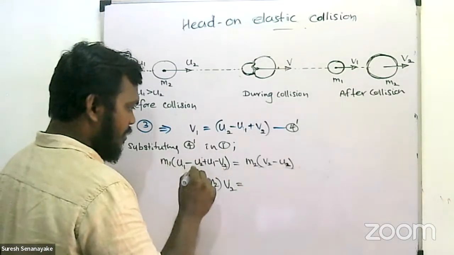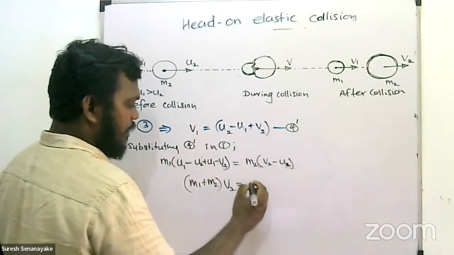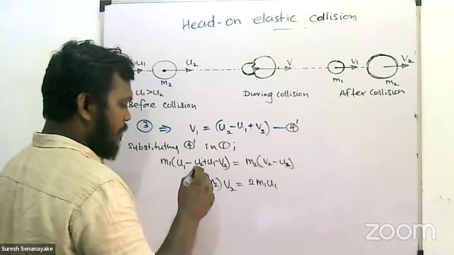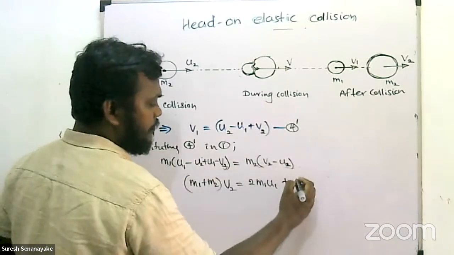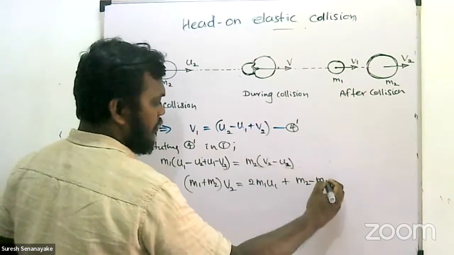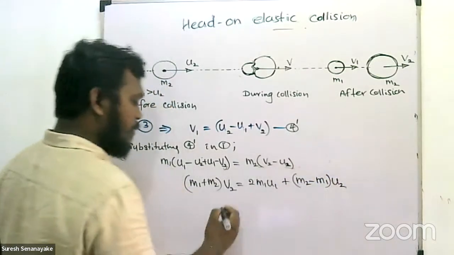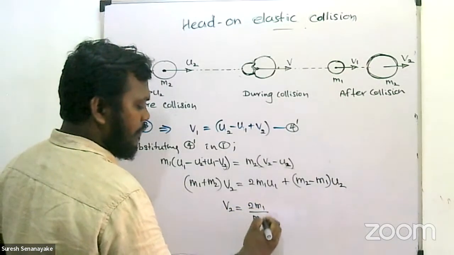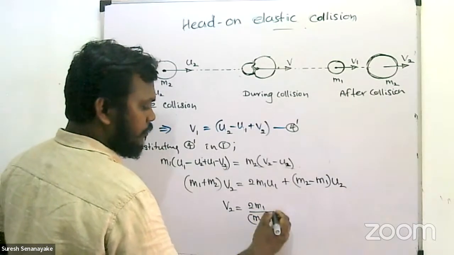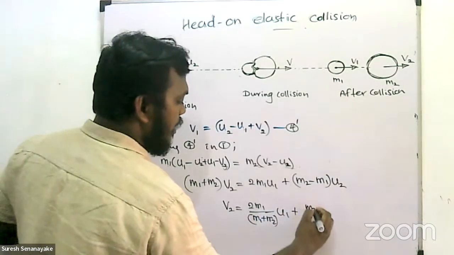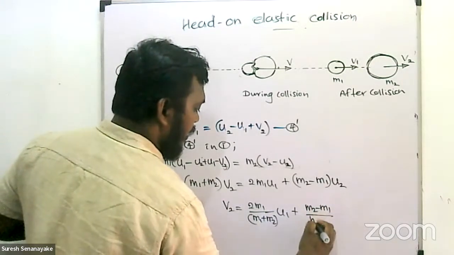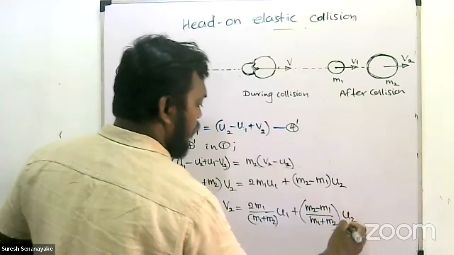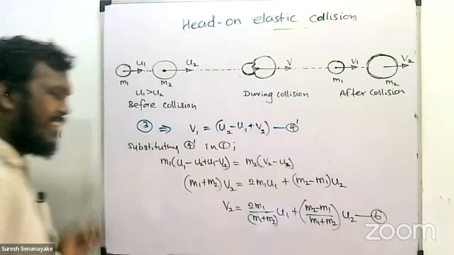M1 U1 plus M1 U1 is 2 M1 U1, then on this side plus M2 minus M1 U2. So then V2 equals 2M1 divided by M1 plus M2 U1 plus M2 minus M1 divided by M1 plus M2 U2. This is the 6th equation. Alright.